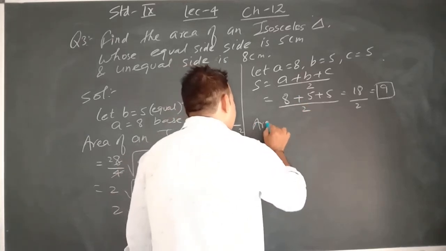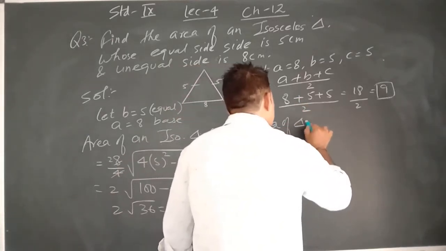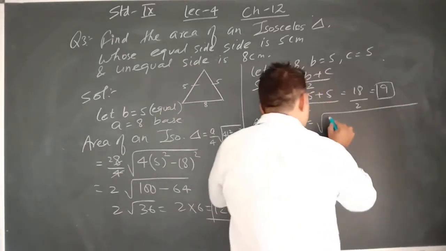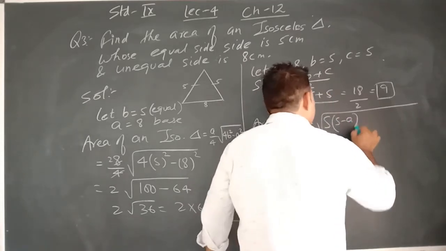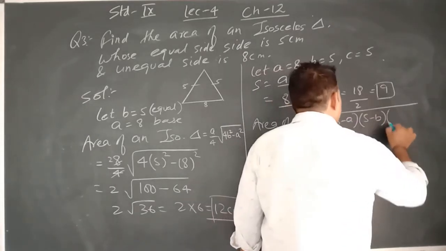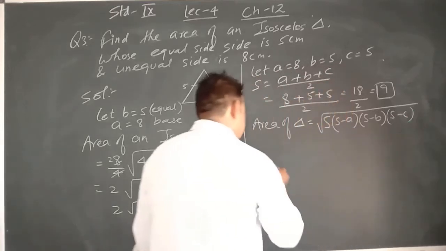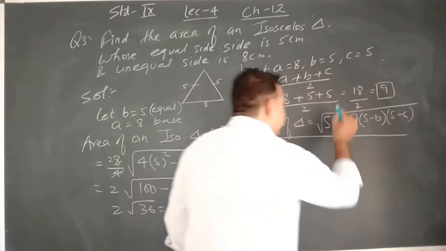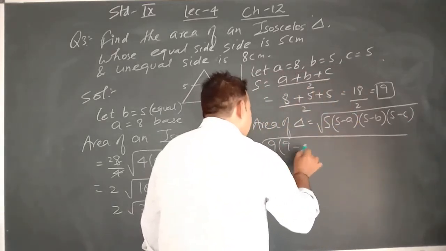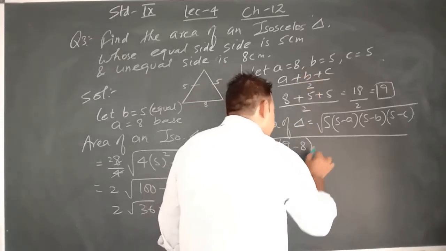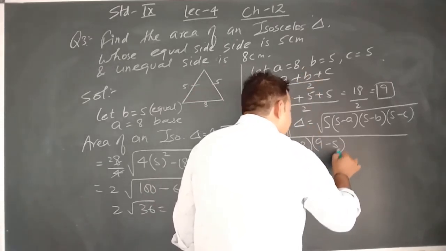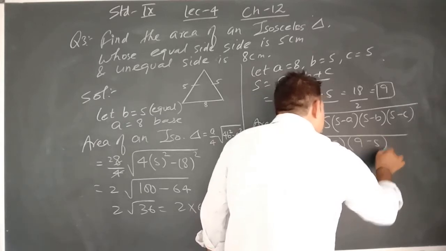Now area of triangle, I am using Heron's formula: root of S into S minus A, S minus B and S minus C. Value of S is 9, 9 minus 8, 9 minus 5 and 9 minus 5.